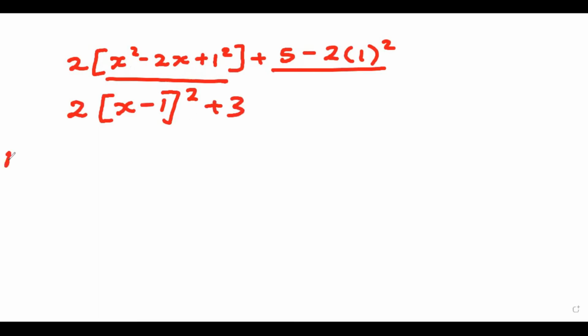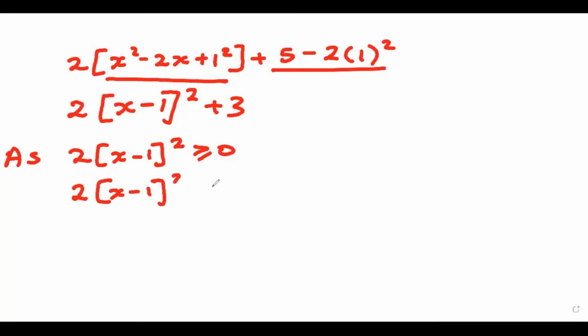Now, as (2x minus 1) squared is greater than or equal to 0, then (2x minus 1) squared plus 3 is greater than or equal to 0 plus 3.